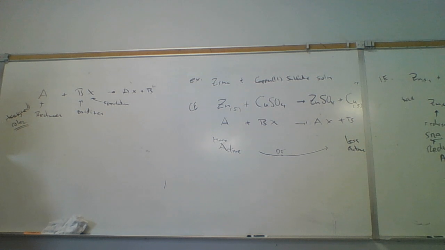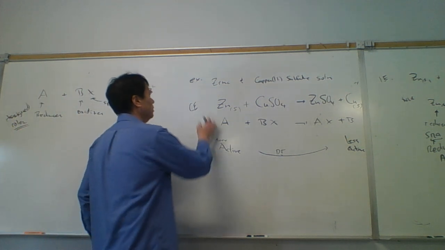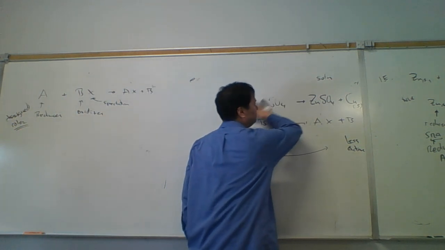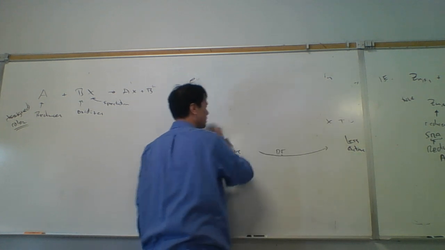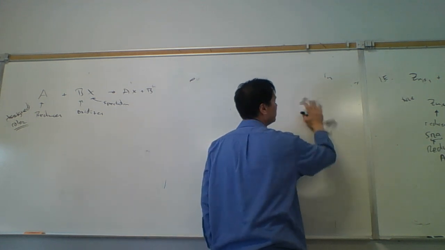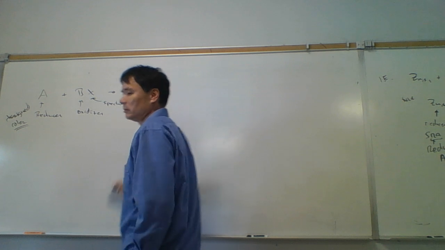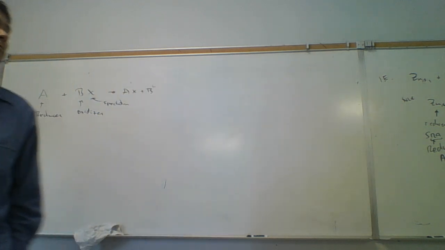The exceptions come because they don't play their assigned roles. We'll talk about that later. So for right now, let's just get some practice doing single replacement using just the standard method.